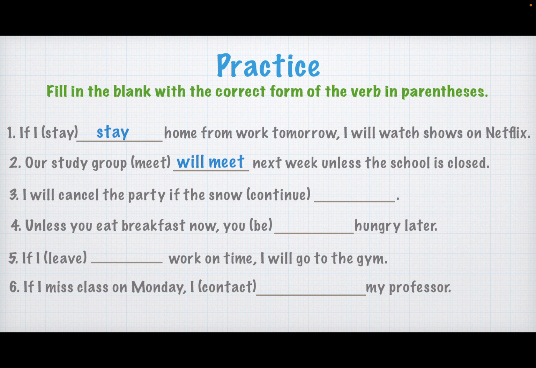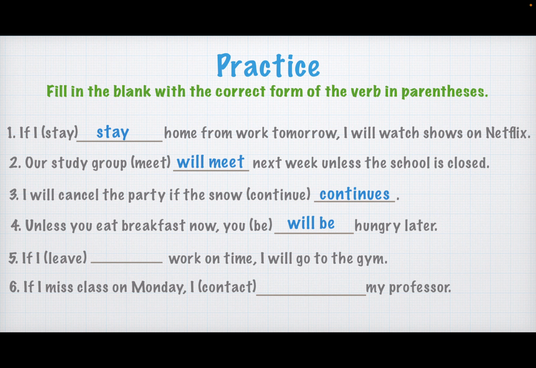Number 3, I will cancel the party if the snow continues. This is my conditional clause, so I want to use the simple present tense here. Number 4, unless you eat breakfast now, you will be hungry later. Again, if you had another form of the future tense, that's okay too.